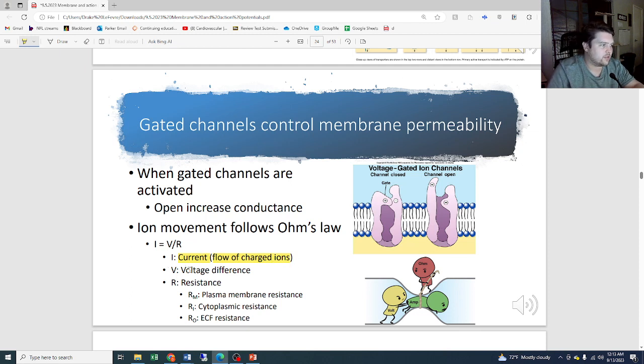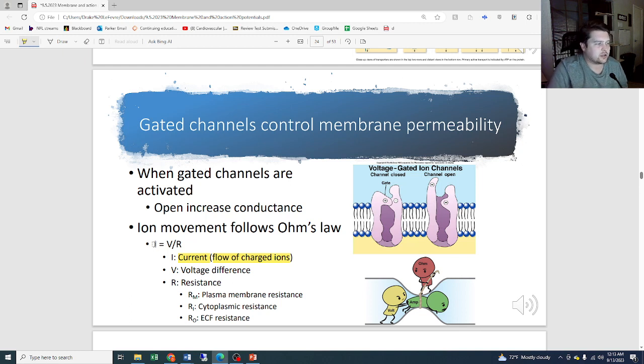You have V for your voltage difference, and then R is resistance. And you have different kinds of resistance: the plasma membrane resistance, the cytoplasmic resistance, and the external cellular fluid resistance. These are all things that resist the movement, kind of prevent the movement of those ions. And so they have to overcome these resistances in order to flow through.